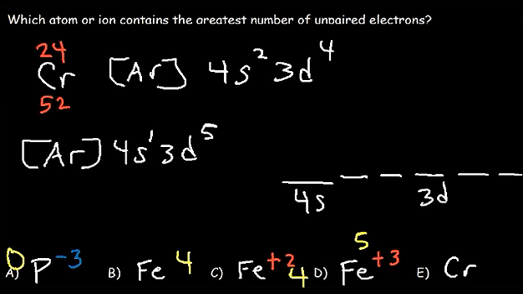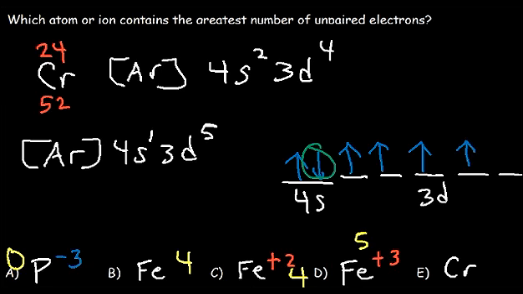So according to the Aufbau principle, we want to fill the lowest energy level first. So we want to fill the 4s sublevel before we fill the 3d sublevel. And it makes sense because atoms want to arrange themselves in such a way to have the lowest energy configuration possible. And so that's why they do what they do.